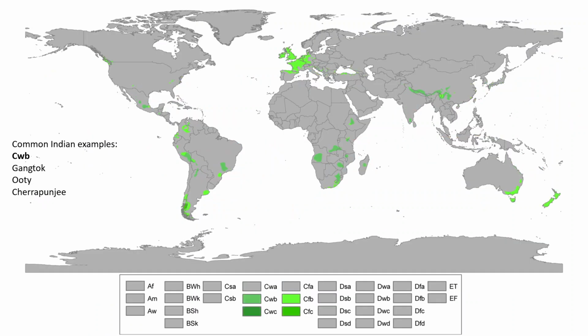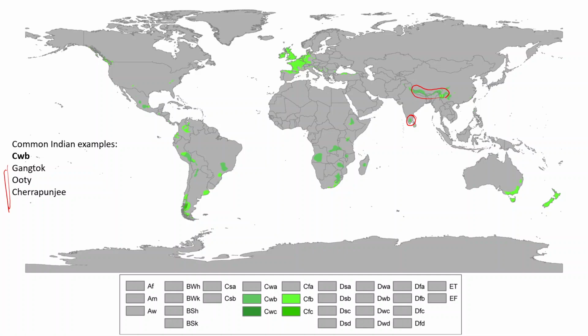Through these patches in India, we have common examples as Gangtok, Ooty, and Cherrapunji. So this entire belt all along the northeast region and Ooty exhibit CWB type of climate.